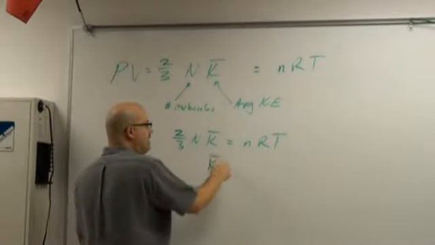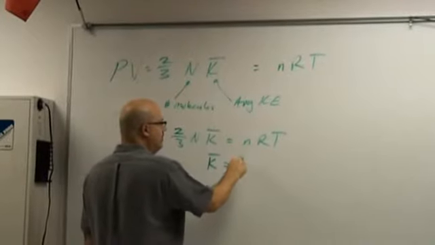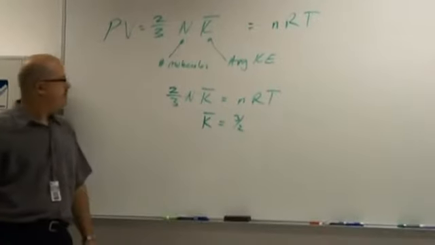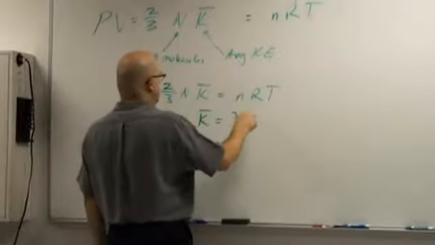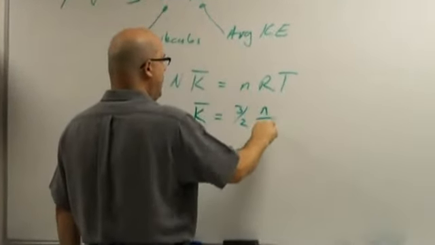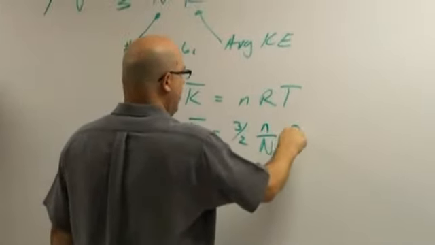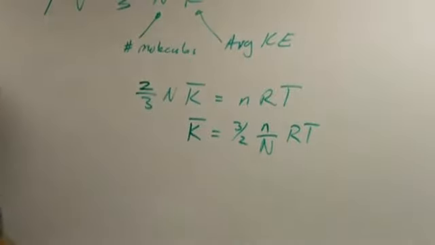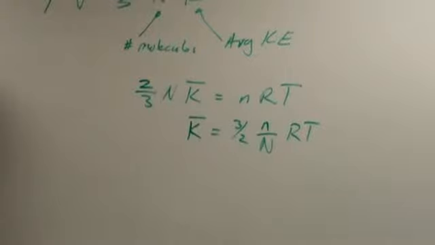So average kinetic energy equals 3/2, there's my 3/2, and then I get N over N, and then I get RT. Got it?